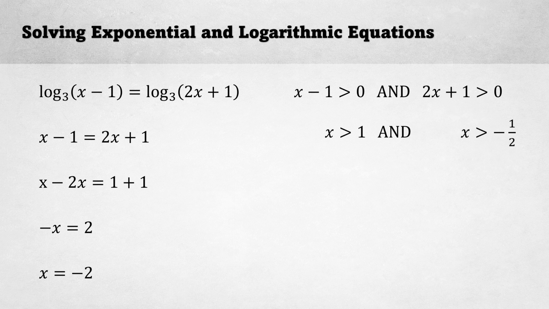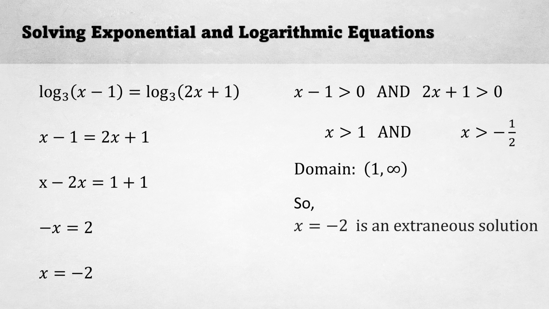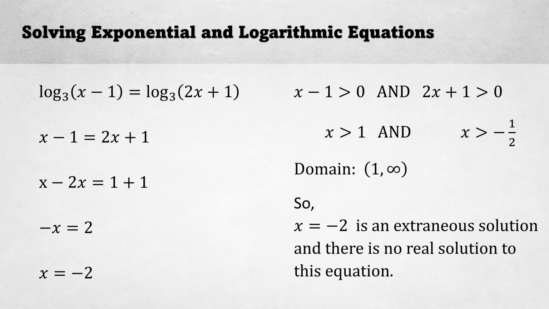That is, x must be greater than 1 and x must be greater than -1/2. The portion that satisfies both of these logs is 1 to infinity, and since negative 2 is outside of this interval, it is an extraneous solution, and there is no real solution to this equation.